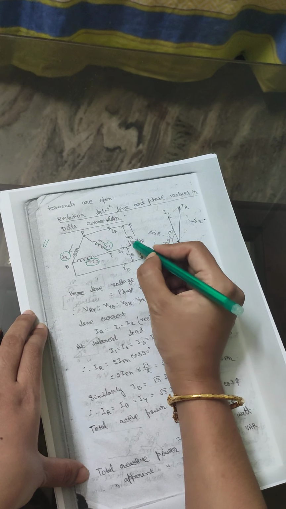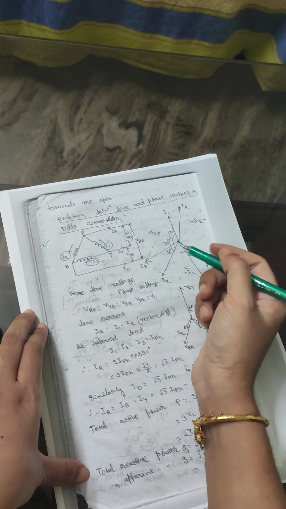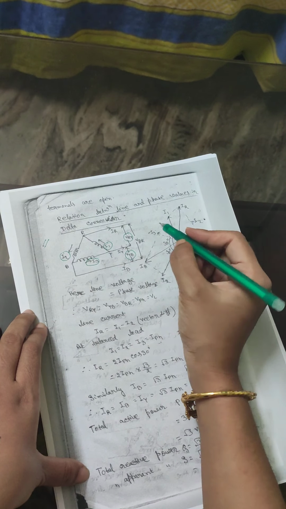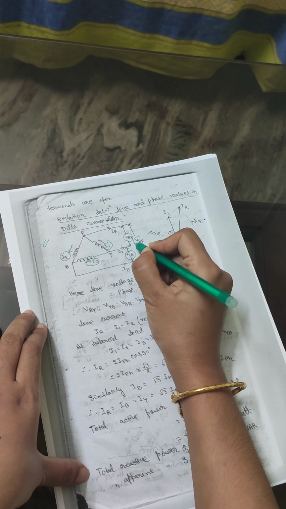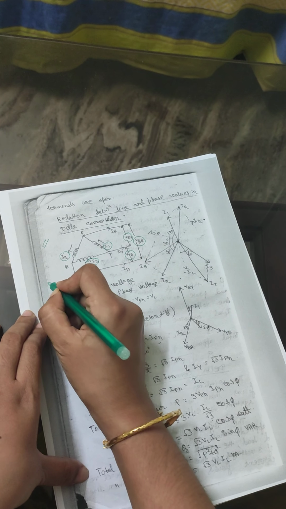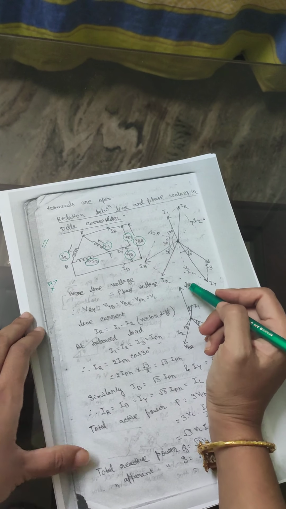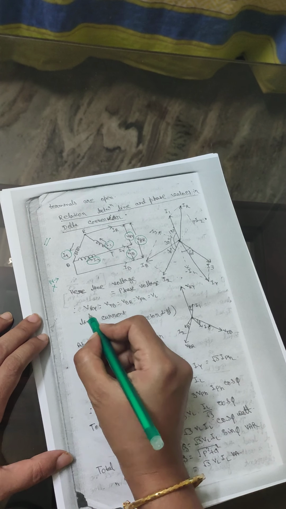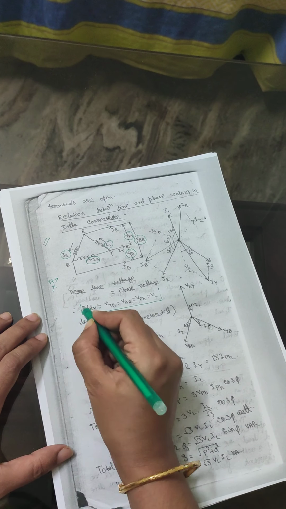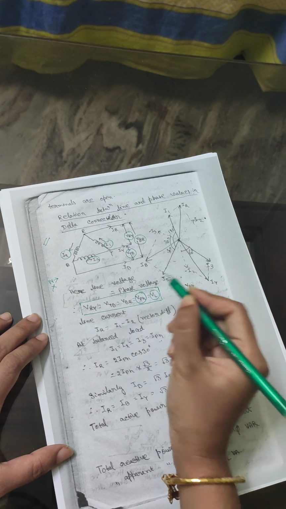So the voltage difference between R line and Y line, that is VRY, voltage difference between Y line and blue line, that is VYB, and the voltage difference between red line and blue line, that is VBR. That means in case of delta connection, no neutral line is there, that's why the line voltages and phase voltages are the same. That's why I have written over there VRY equals VYB equals VBR equals V phase equals VL, where VL stands for line voltage and V phase stands for phase voltage.